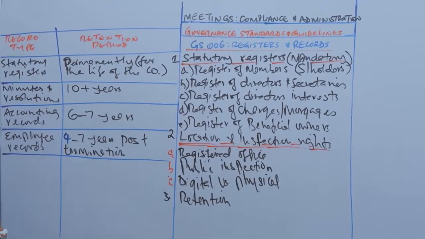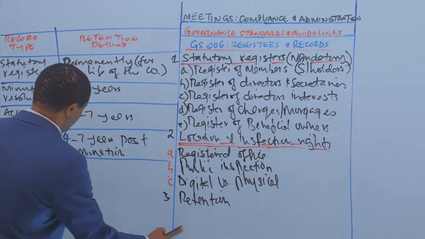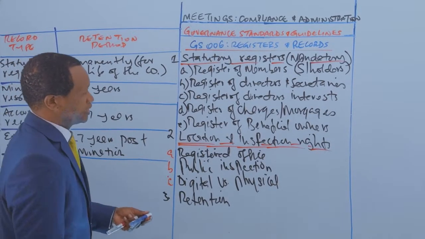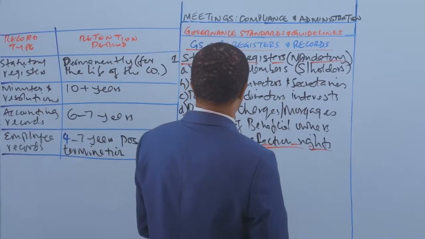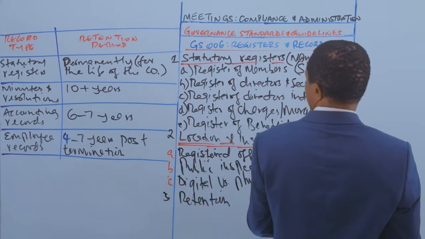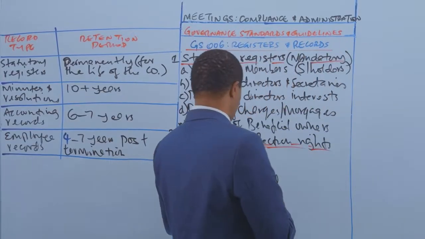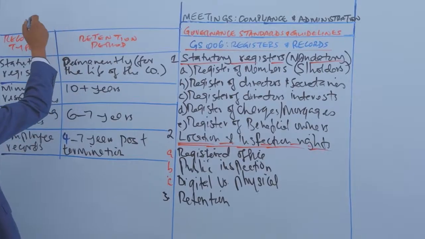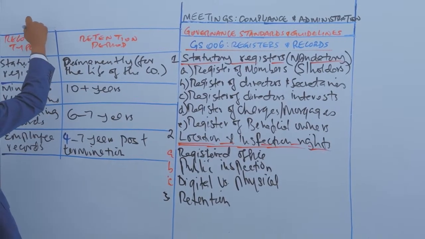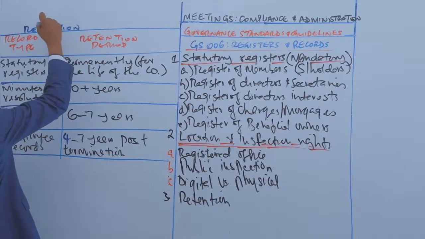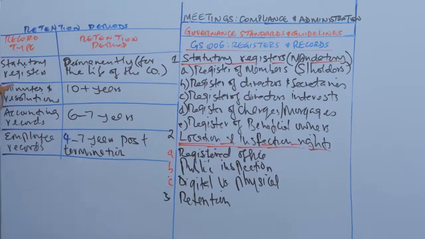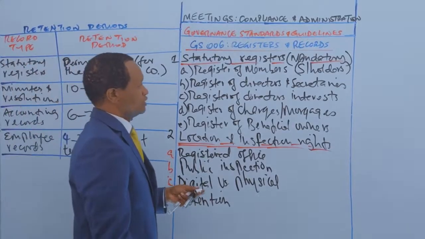Then candidates, let us discuss the role of the corporate secretary, because the secretary plays a key role when it comes to registers and records. In fact, the corporate secretary is the custodian. This is retention of records, and the record types are here. So what is the secretary's role?